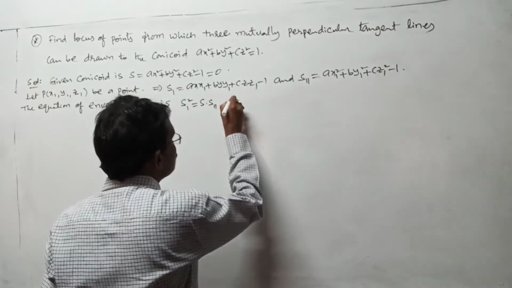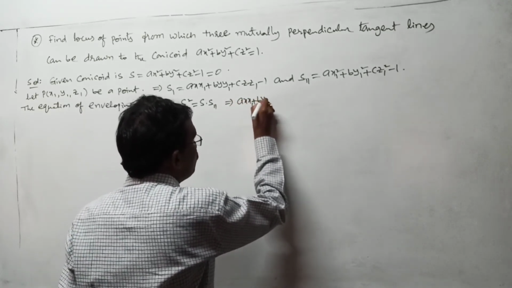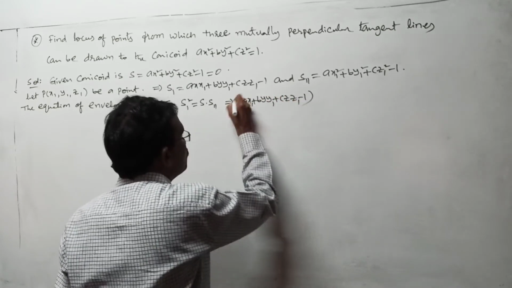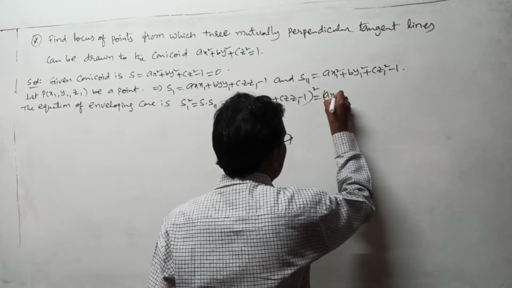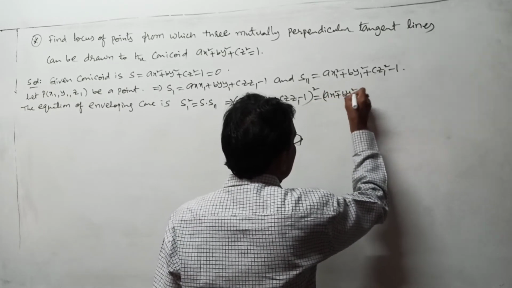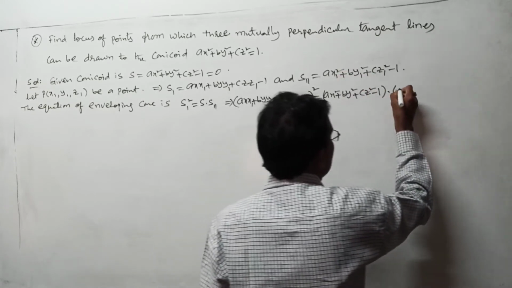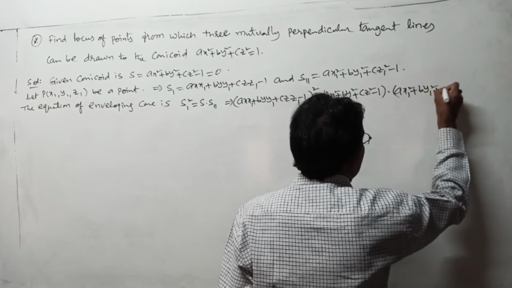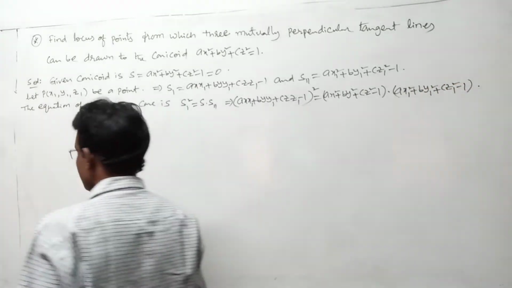This implies S1 square means ax1 plus by1 plus cz1 minus 1, whole square, is equal to S, which is ax square plus by square plus cz square minus 1, into S11, which is ax1 square plus by1 square plus cz1 square minus 1, right?